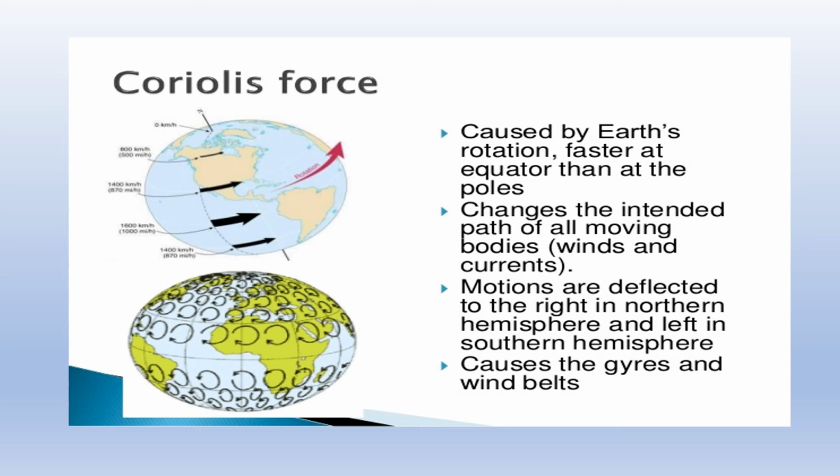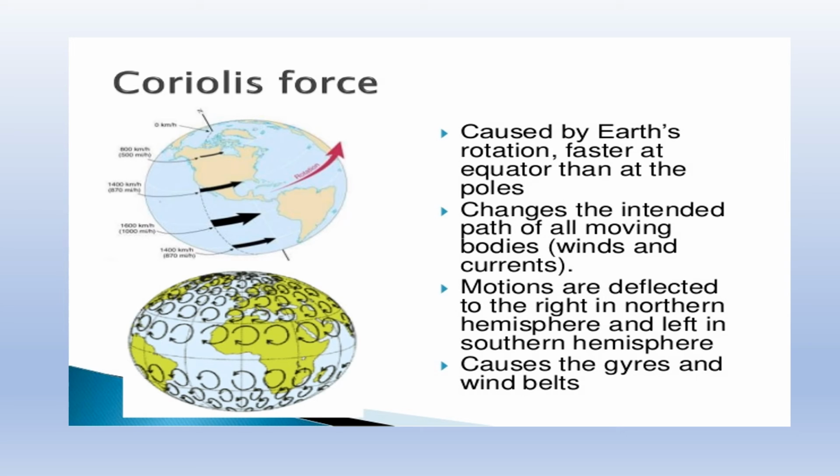The Earth's rotation is faster at the equator than at the poles, another important factor we have already learned. Because of this movement of the Earth, the winds move to the right in the northern hemisphere and to the left in the southern hemisphere.